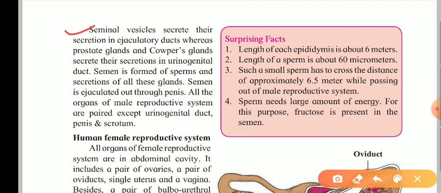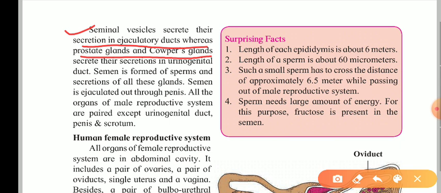Seminal vesicles secrete their secretion in the ejaculatory duct, whereas the prostate gland and the Cowper's glands secrete their secretions in the urinogenital duct. Semen is formed of sperms and secretions of all these glands.